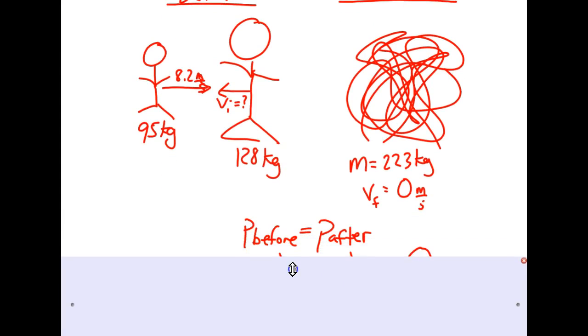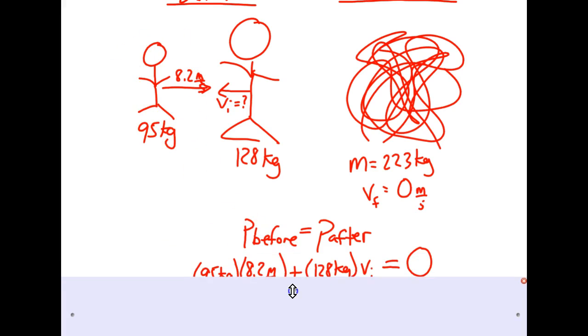This leads into our P before equals P after conservation of momentum statement. Beforehand, what are the only objects, if any, that have momentum? And the answer is both. Are they together? No, they're separate. So we have separate momentum equations for the two individuals before collision.